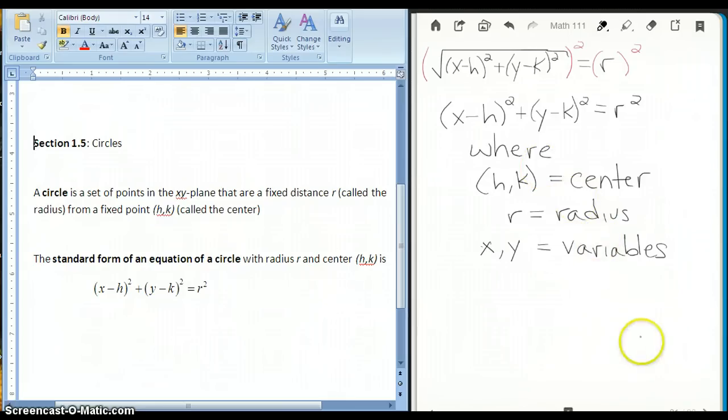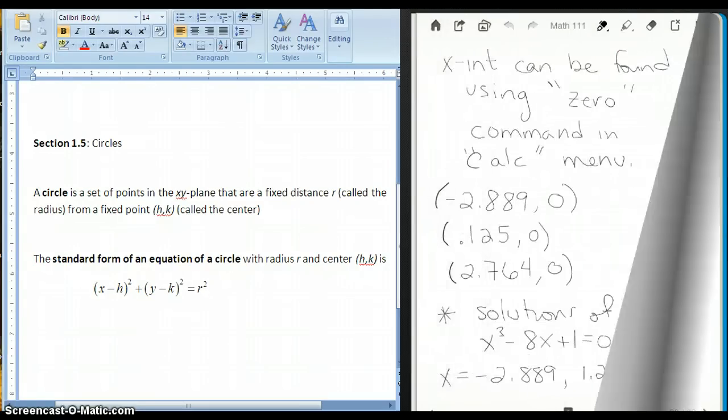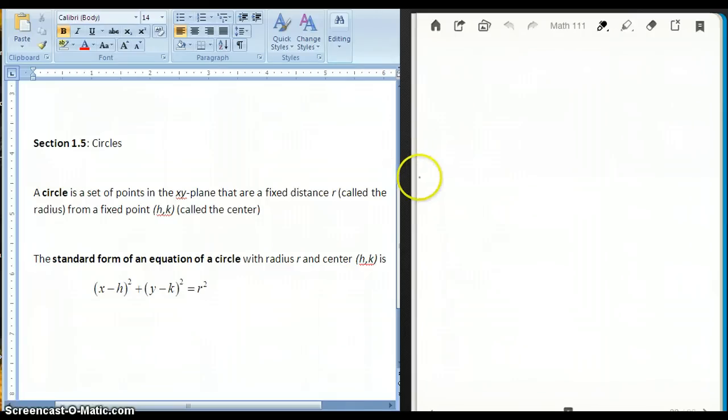To finish up this video, let's just do one example of writing the equation of a circle. Let's do the following example, and then we'll be done with this video, and we'll finish 1.5 for Monday.